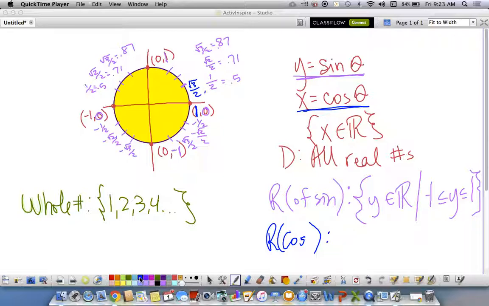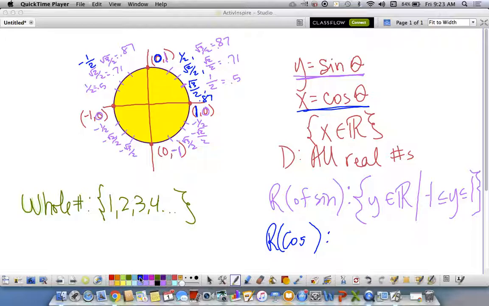Do we already know what square root of 3 is? 0.87. Then we have 1/2. So we're starting at 1, going down to 0.87, down to 0.71, down to 0.5 until we get to what? 0. Then we're making a turn after 90 degrees. What's the x value with 120?